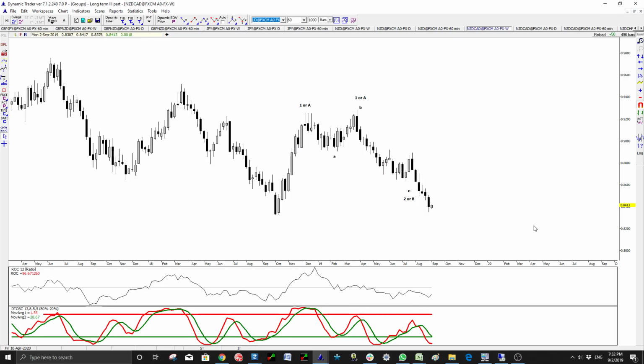Anyway, that's about it for the FX markets. Really short, 3 opportunities: Euro New Zealand, Euro Aussie, and Pound CAD. I would like to look at them, so keep an eye on these 3 markets and see what happens.